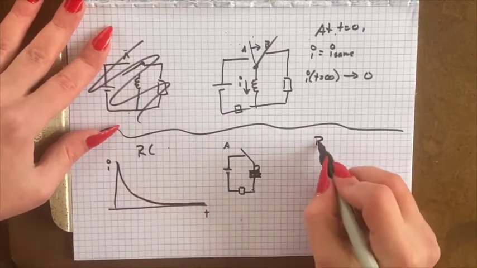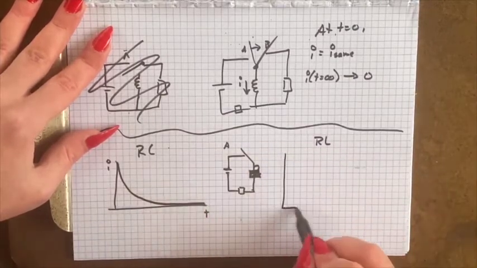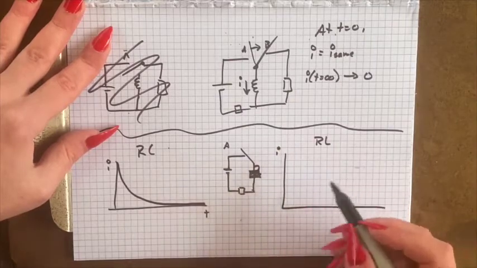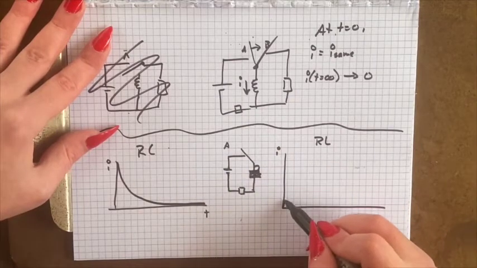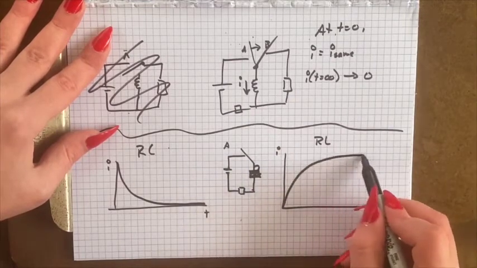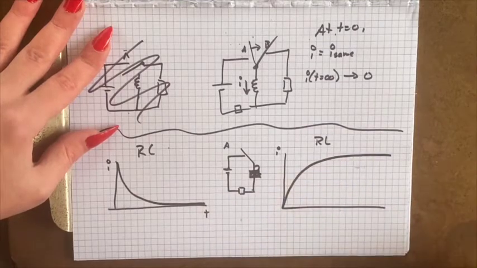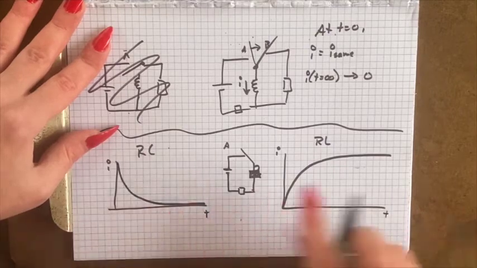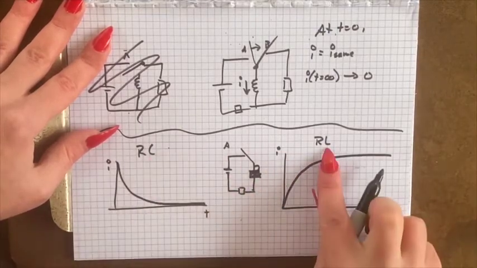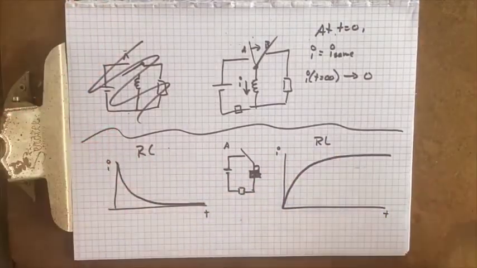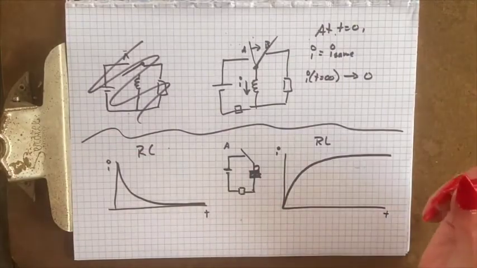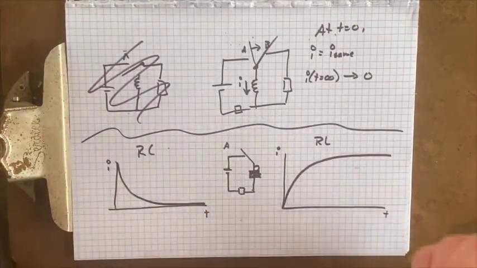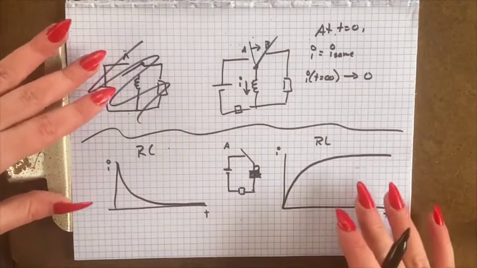If it was an inductor, right at time equals 0, it wants no current, and it takes a while for it to build up and finally get there. Okay, so these two are kind of the opposite equations, right? Capacitors and inductors are kind of, in a way, evil twins of each other, right? They have very similar behavior, but completely the opposite behavior of one another.